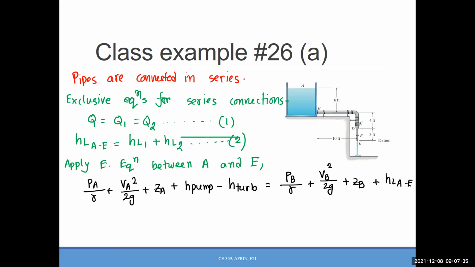Now we need to identify what values we already know and which values we can consider 0. Now in between A, oh, that should be E, not B. Everything should be E.